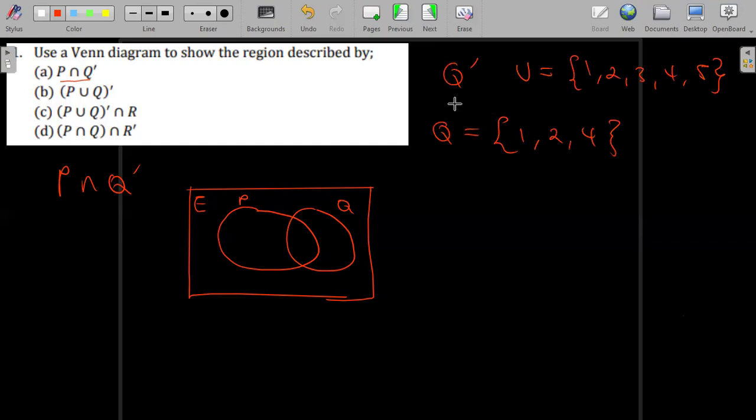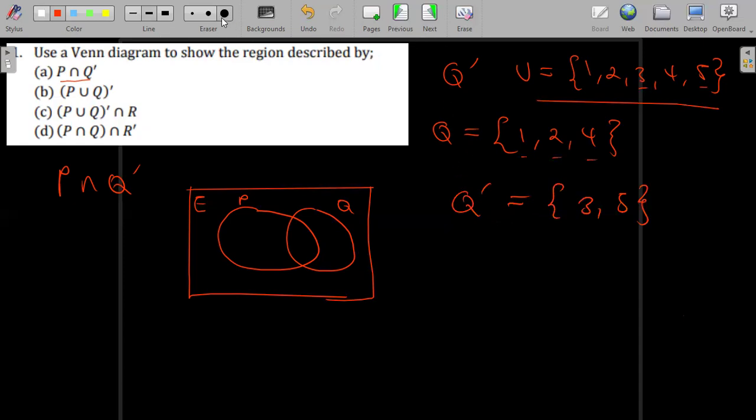The complement of the set Q is all elements that are not in this set Q, but sit in the universal set. My set Q has 1, 2, and 4, so the elements not in Q but in the universal set are 3 and 5. So my Q complement consists of 3 and 5. When we are talking of complement, we're talking of elements that are not in that set.